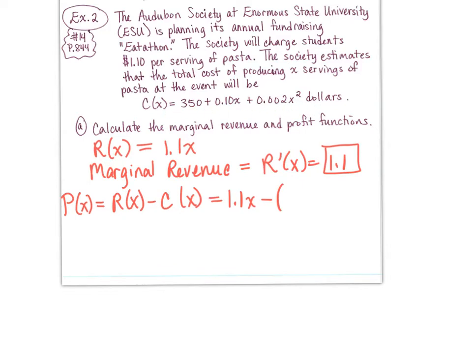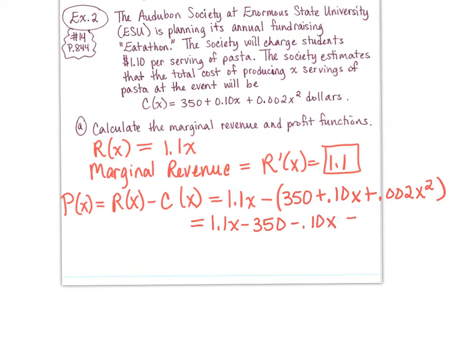So we have 1.1x minus the quantity 350 plus 0.10x plus 0.002x squared. Are we okay so far? Okay, so this is equal to 1.1x minus 350 minus 0.10x minus 0.002x squared. You have like terms here, so we can simplify.